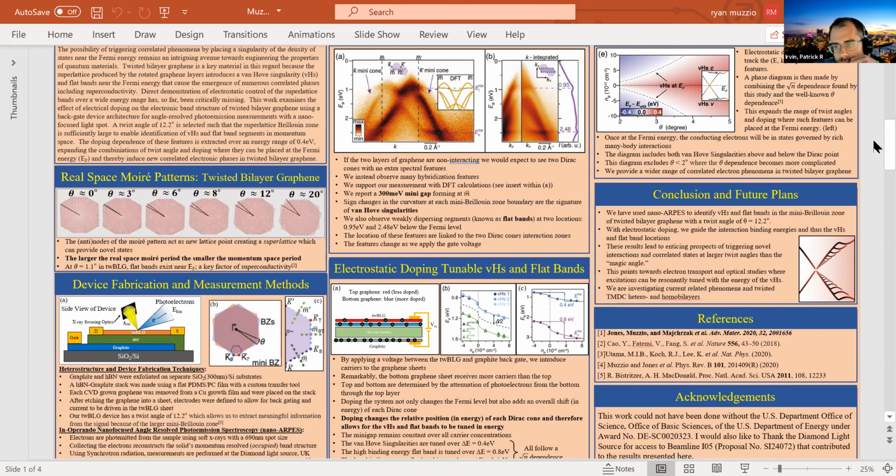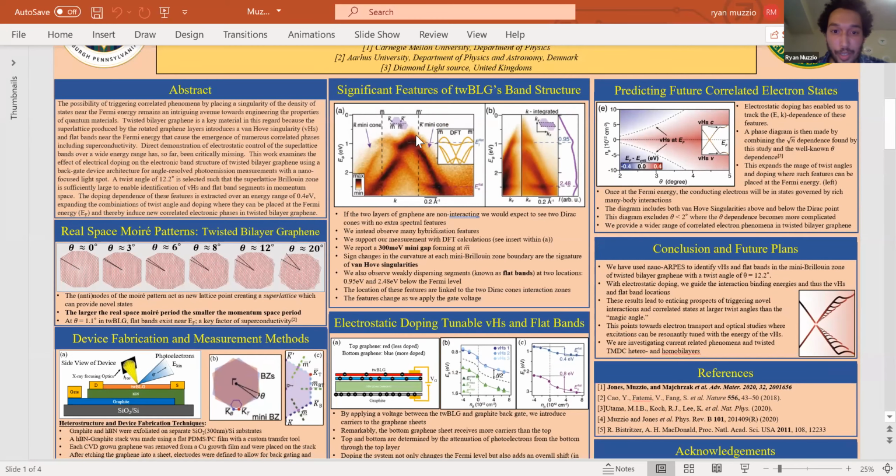But let's just say you have a given heterostructure. Then you do photoemission on it, right? So we're given this picture. We can see the Dirac cones. So now we have a location in momentum of the Dirac points. You can then do a very simple calculation to go from momentum space to real space, and in that real space image, you can measure what the twist angle is. Okay.